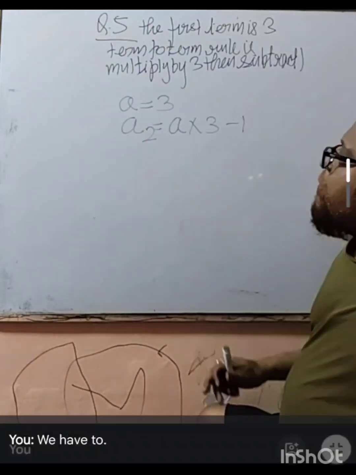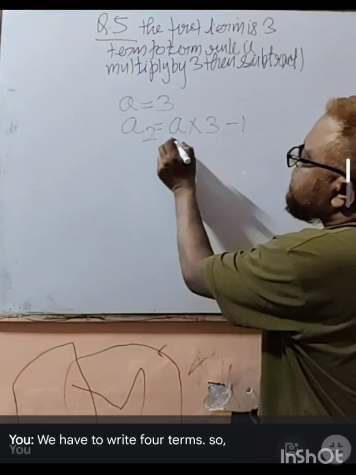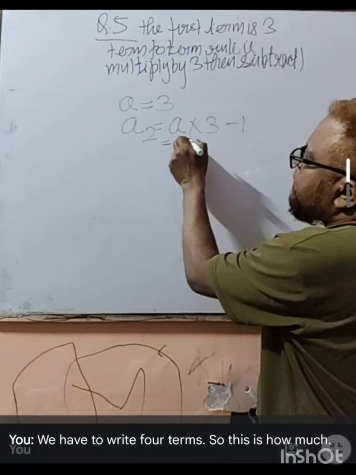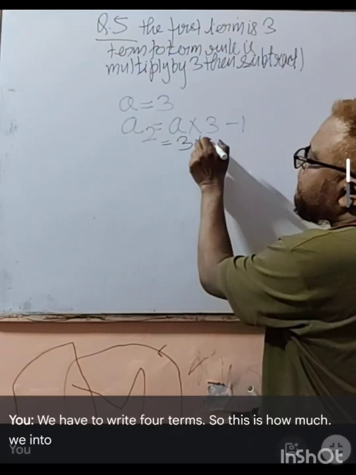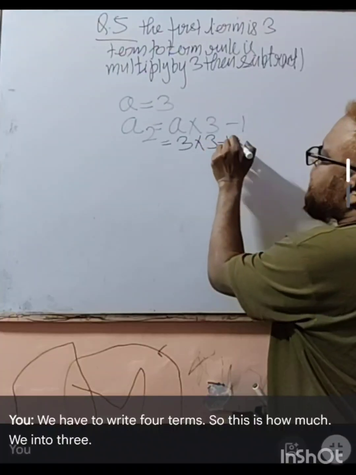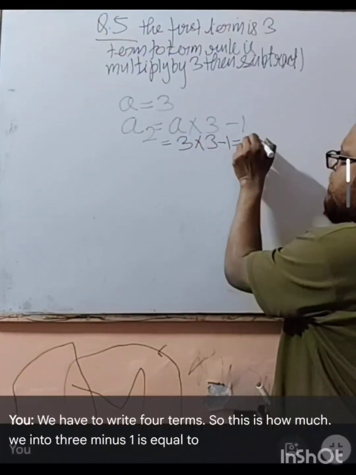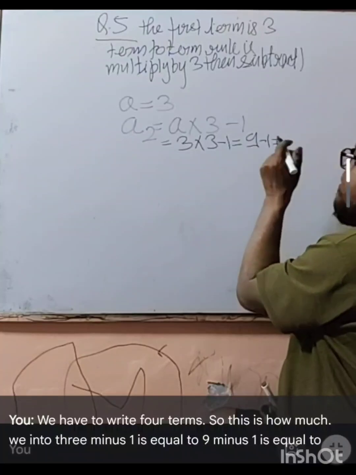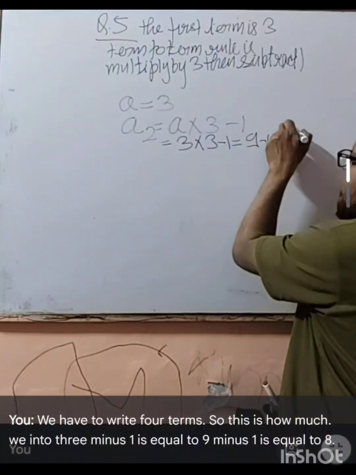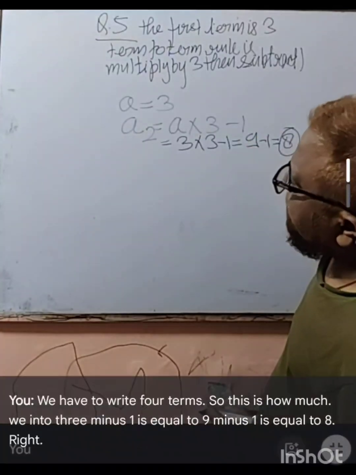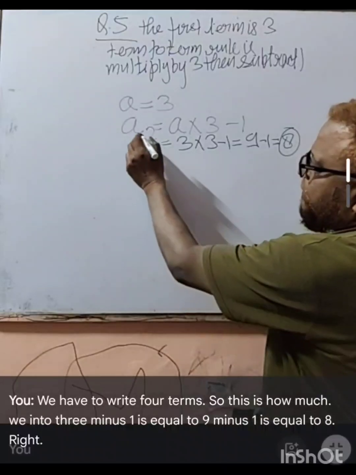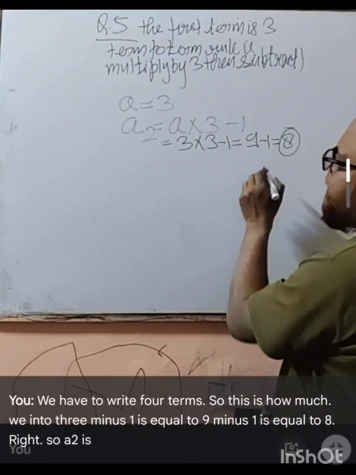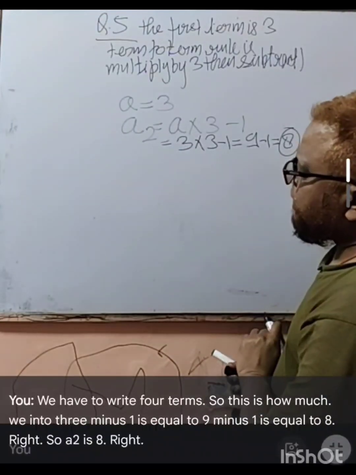We have to write 4 terms. So 3 into 3 minus 1 is equal to 9 minus 1 is equal to 8, right? So A2 is 8, right?